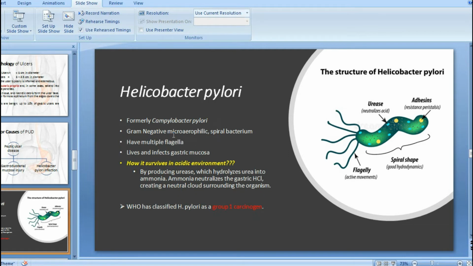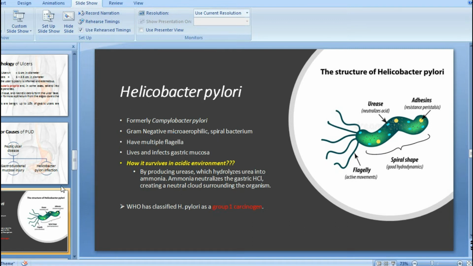Urease specifically hydrolyzes urea into ammonia. Ammonia is basic in nature, and we know that the gastric juice inside the stomach has a pH of 2. That means it has a strongly acidic pH. Ammonia basically neutralizes that gastric juice in the stomach, creating a neutral cloud surrounding the organism.